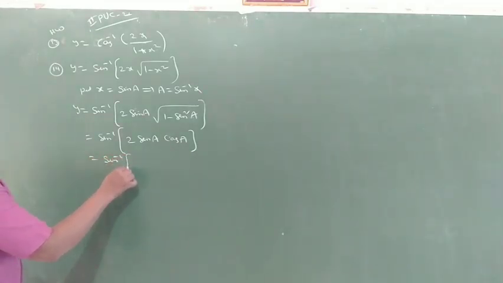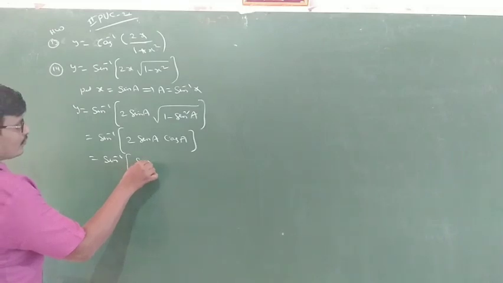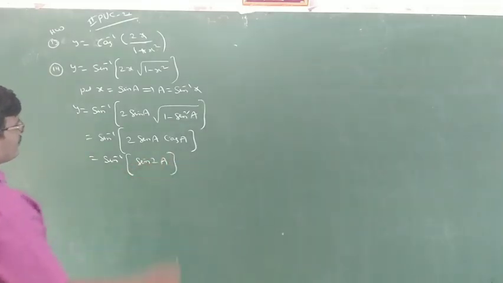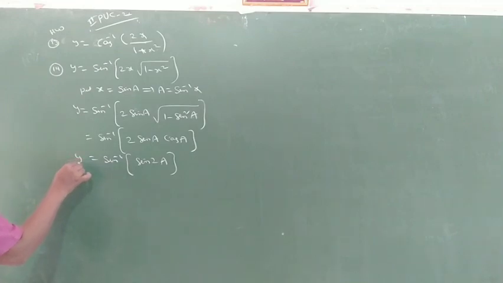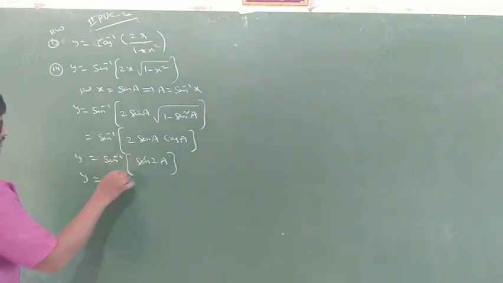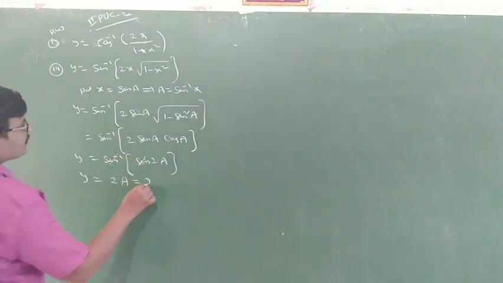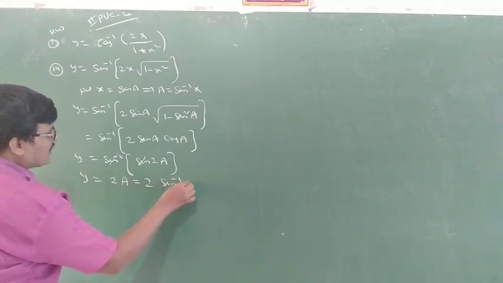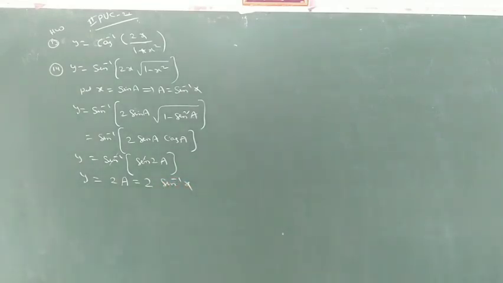So sin inverse of 2 sin a cos a is equal to sin 2a. The sin 2a formula is not a single formula, there are two formulas, sin 2a in terms of tan and in terms of sin and cos. So sin cancels, y is equal to 2a, where a is equal to sin inverse x. Up to this point there is no derivative, only simplification and substitution.